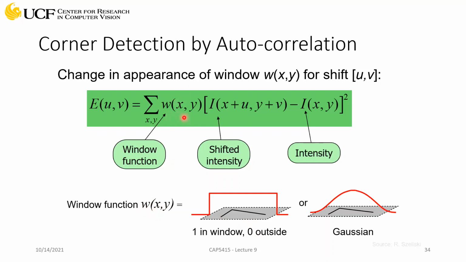So if you try to compute this difference outside this boundary, you're just going to ignore it. You're only considering pixels inside that window. And of course, you don't have to use a step function, you can use a Gaussian as well, which means that you are giving more weightage to close by pixels and less weightage to far away pixels.